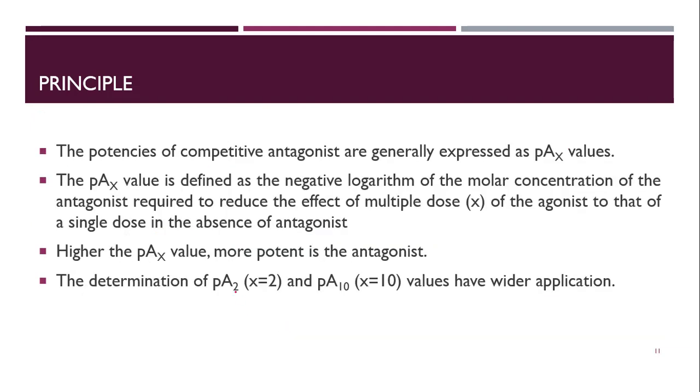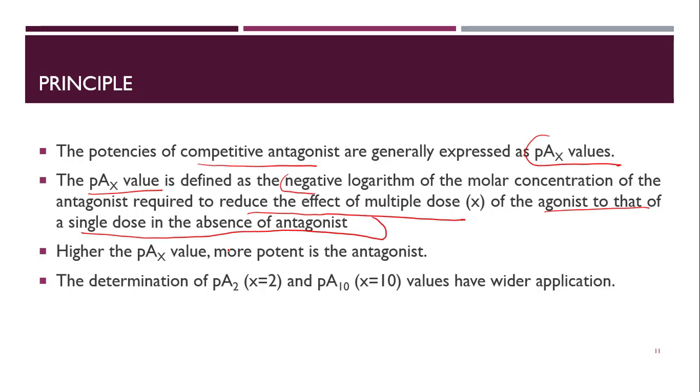Okay. So the potencies of competitive antagonists are generally expressed as pAx values. The pAx value is defined as the negative logarithm of the molar concentration of antagonist required to reduce the effect of a multiple dose of the agonist to that of the single dose in the absence of antagonist. This definition we have studied. So the higher the pAx value, the more potent is the antagonist. This sentence is very important.